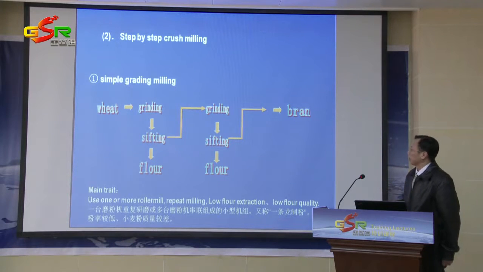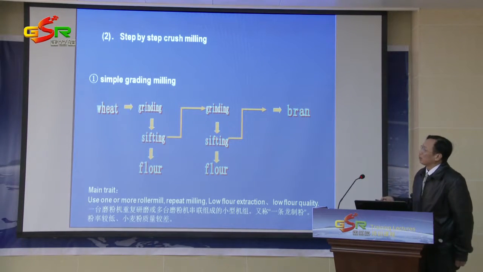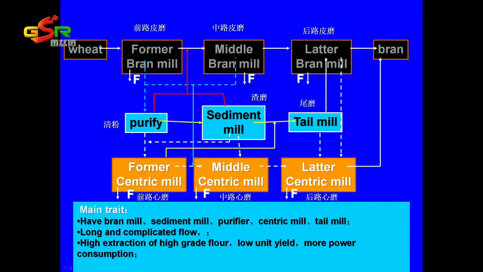This is a more complicated process for wheat milling, and this is the most complicated milling process for wheat. From this figure, we can find wheat can be processed by the former bran mill.